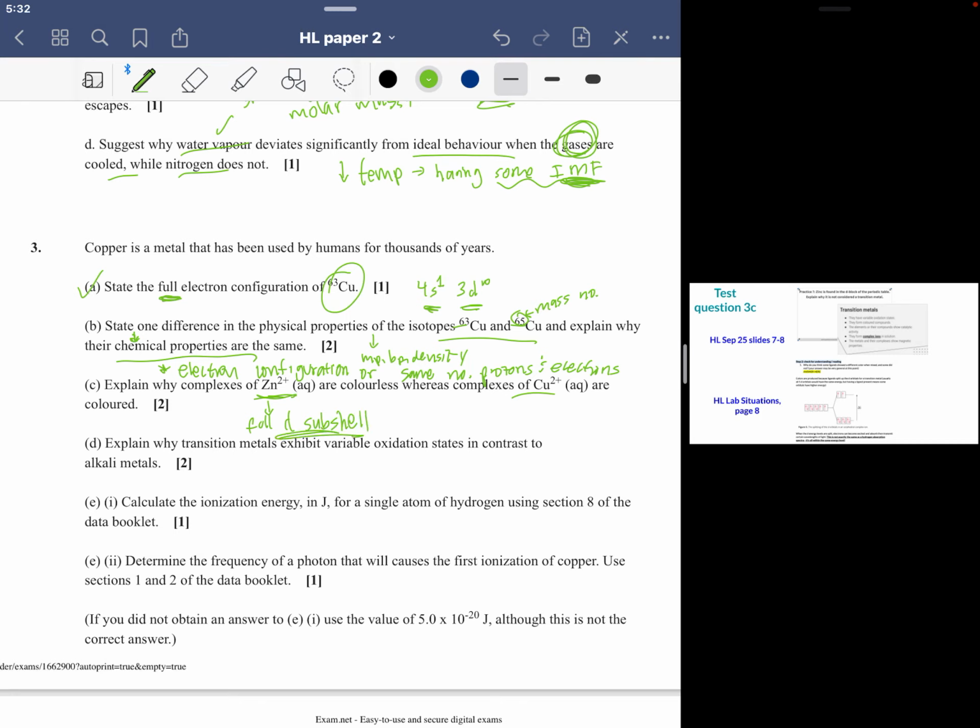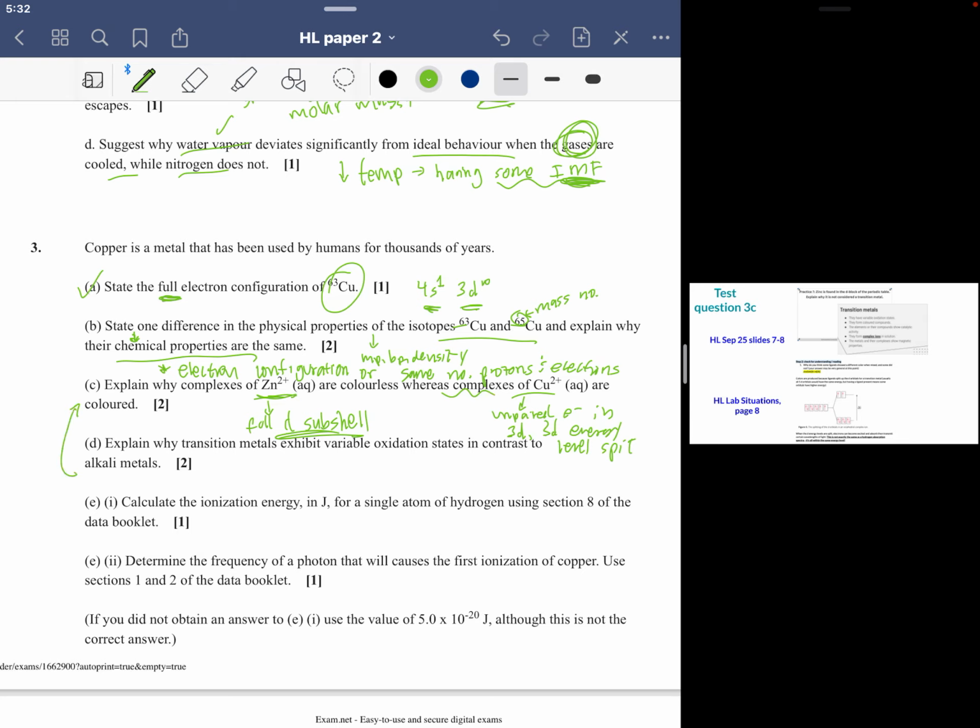You do need to be specific. It has a full D subshell. Copper has unpaired electrons in 3D, and so the 3D energy level can split when it forms a complex ion.